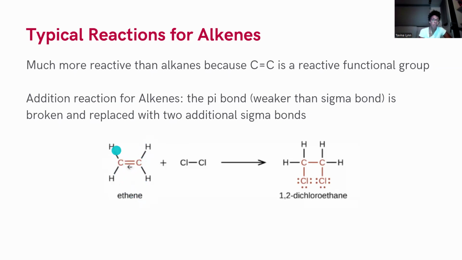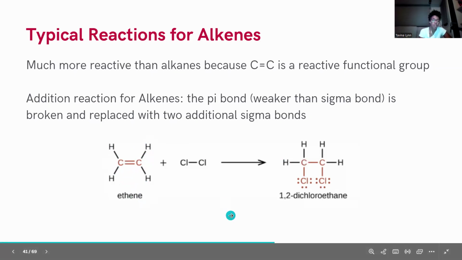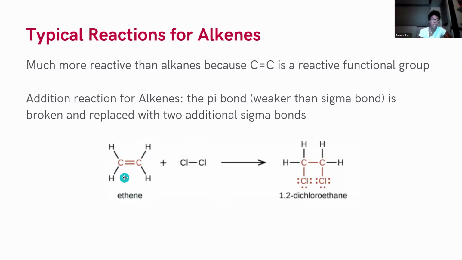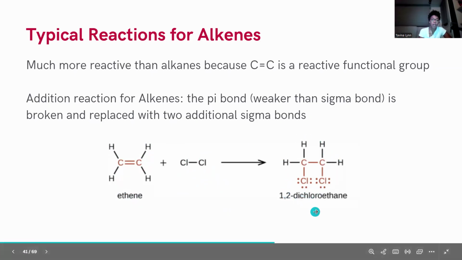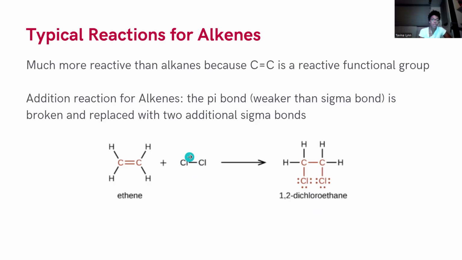So each of those carbons is now connected to three atoms, but we're going to add a fourth bond through this addition reaction. In this example, we have ethene interacting with dichloro, and we end up forming 1,2-dichloroethane, because these two chloros get added to both carbons.